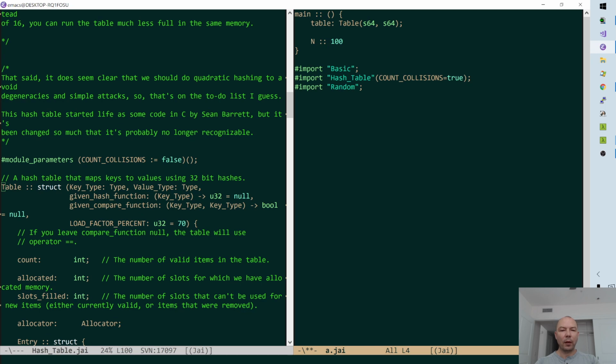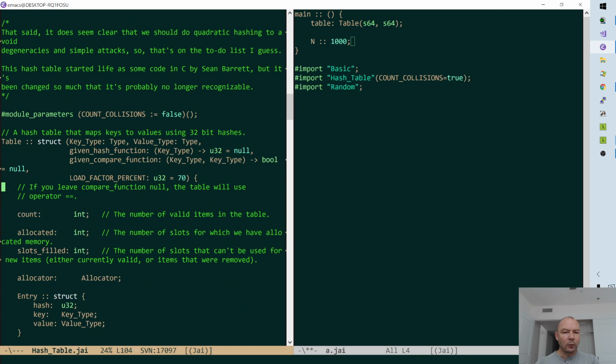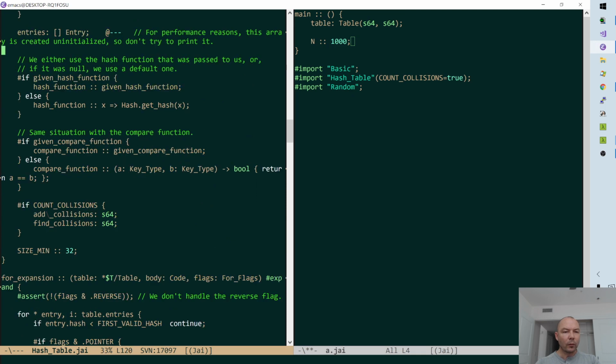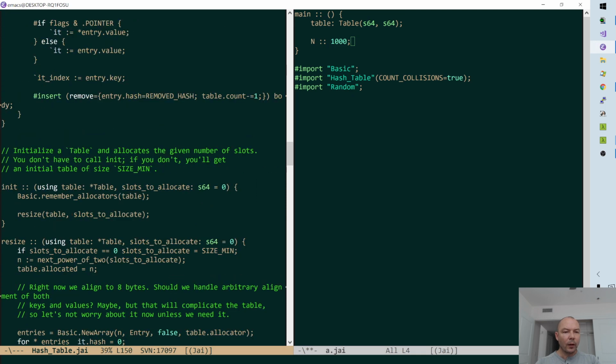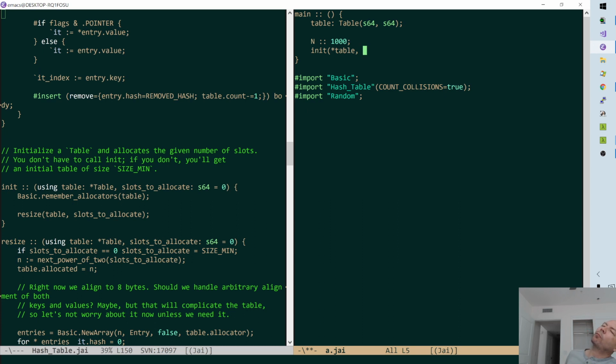Let's just make 1,000 things. So I'm going to size the table to like, do we want to fill the table up to the load factor?